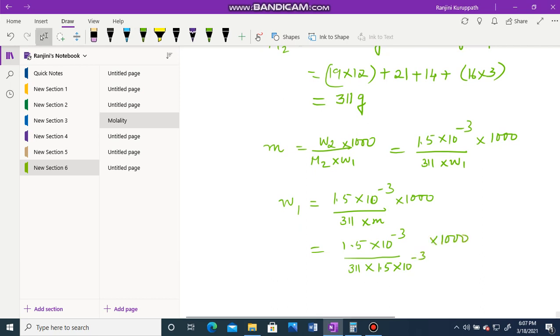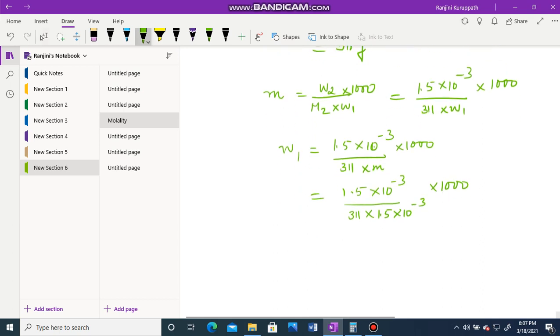So what value will you get? W1 will be equal to, if you cut this one, that will be equal to 1000 divided by 311 gram. So much gram you will get.